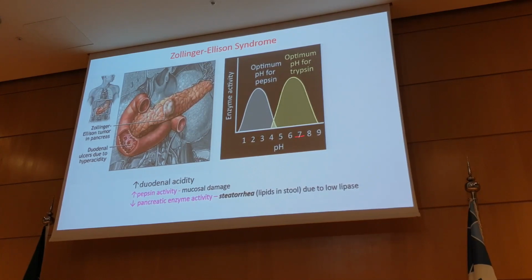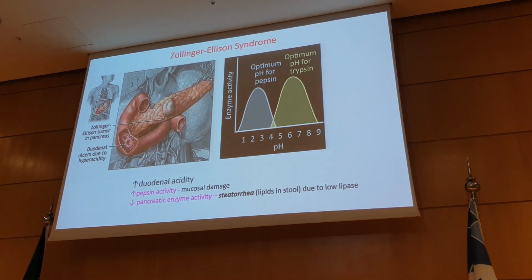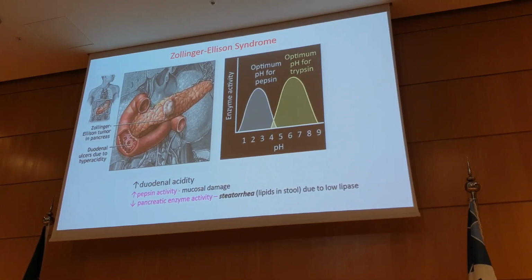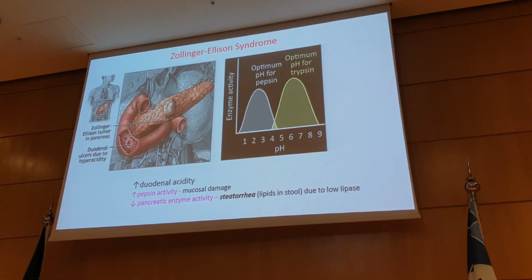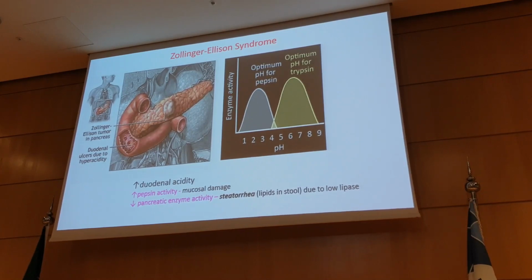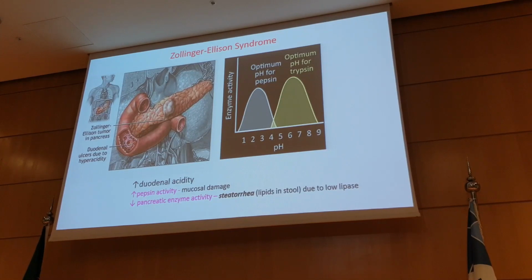Why do we bring up steatorrhea? Because that's as opposed to, let's say, a protein problem, where you don't have an enzyme for protein, or you don't have amylase. That's a sugar problem.